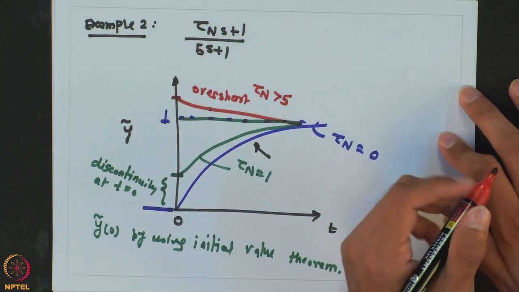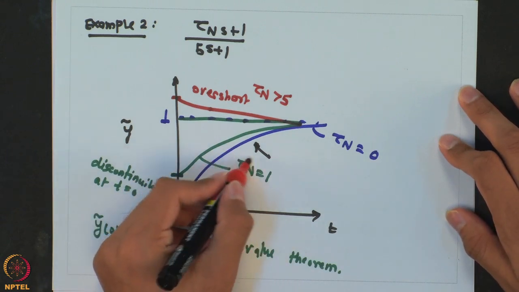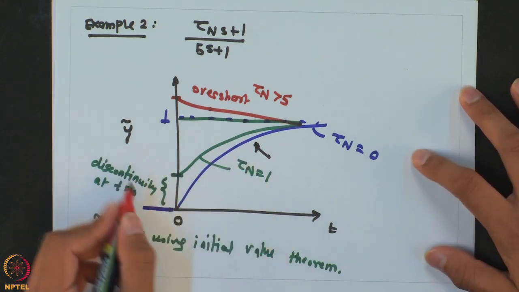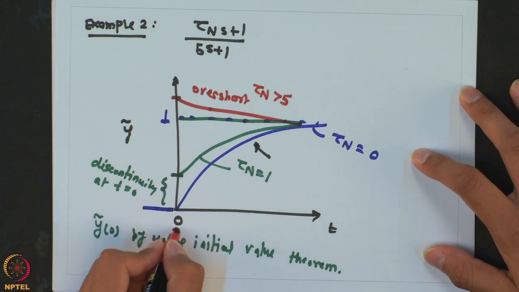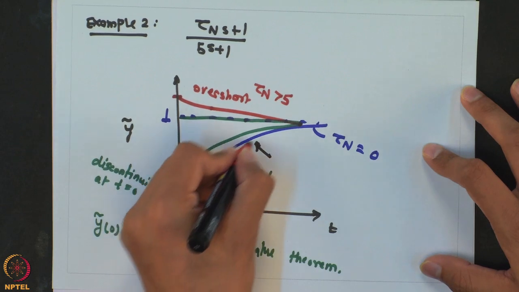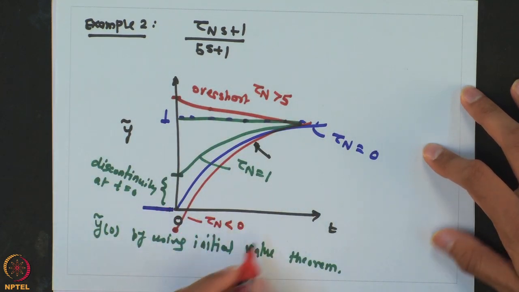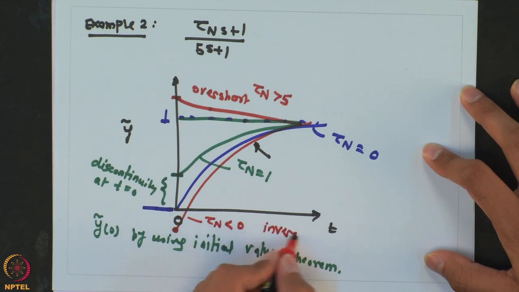And similarly, by extension like the previous example, if we move in the opposite direction and tau n is negative, the value will actually start below 0 and then it will go up to the value of 1. So, when tau n is less than 0, you will have inverse response.